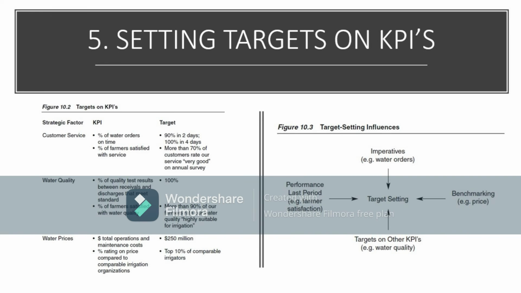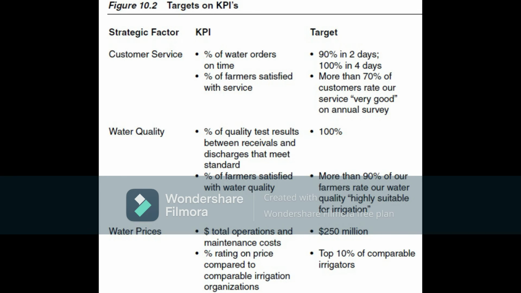The aim has led Griffith Irrigation to establish the target top 10% of comparable irrigators on the strategic factor of water prices. Its aim is to be competitive on price, to such an extent that it places itself in the top 10% of irrigation organizations and companies.